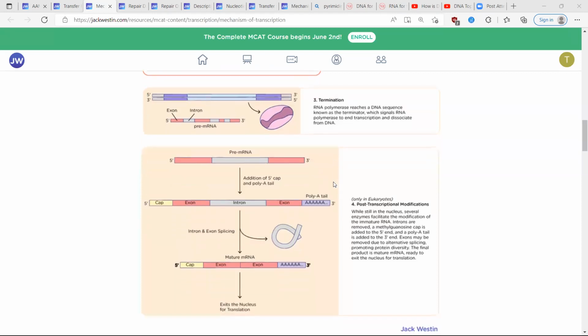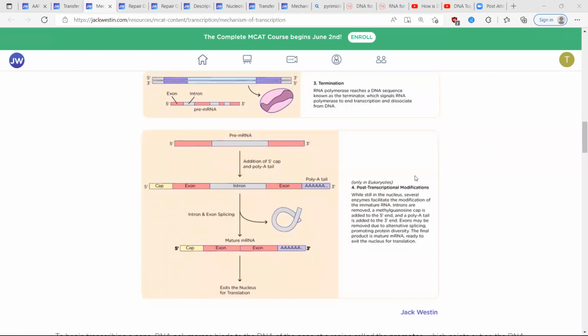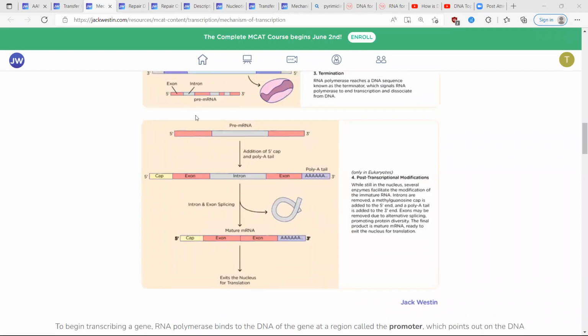So now processing, post-transcriptional modifications. We have what we call pre-mRNA. You've probably heard of exons and introns before, and it used to confuse me so much. We do this thing called splicing that removes some parts of the genes that are not involved in coding, right?